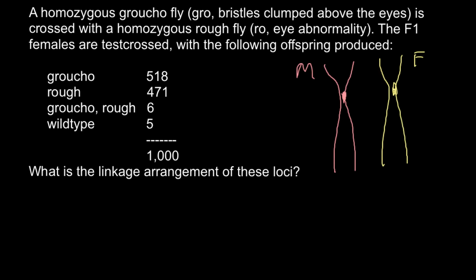So here we would have a tetrad, where these two non-sister chromatids, so we call them chromatids, are connected, and later when they get separated we call them chromosomes. So at the end of meiosis we are going to get 4 chromosomes.